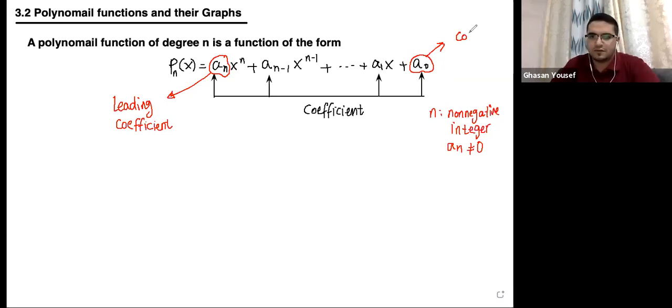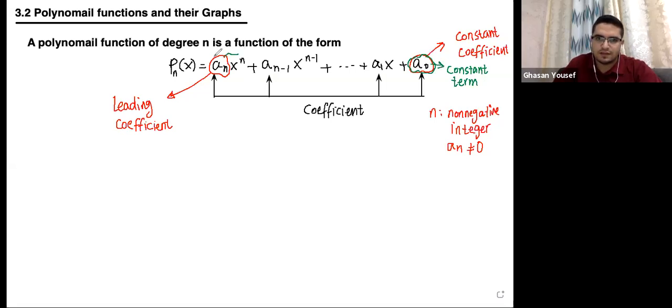I'm also going to use the constant coefficient. It's also called the constant term at the same time. This is called the constant term also.